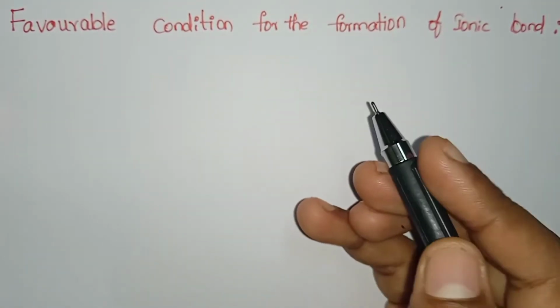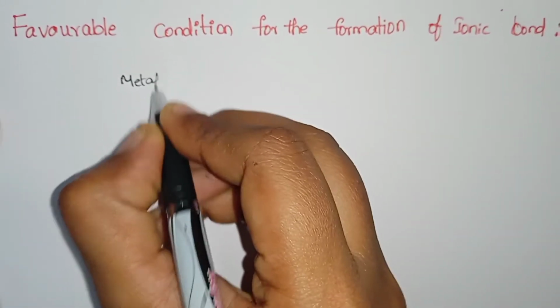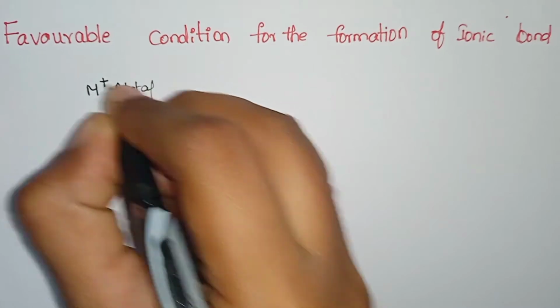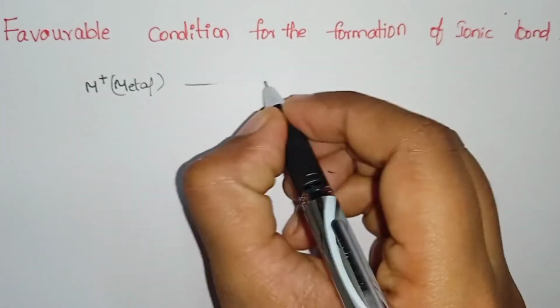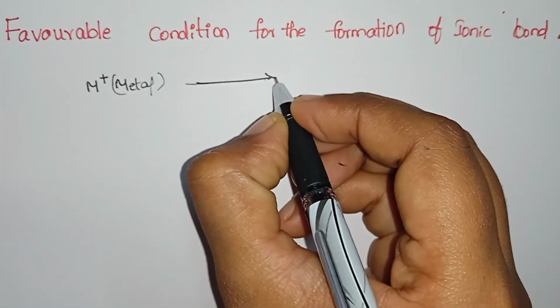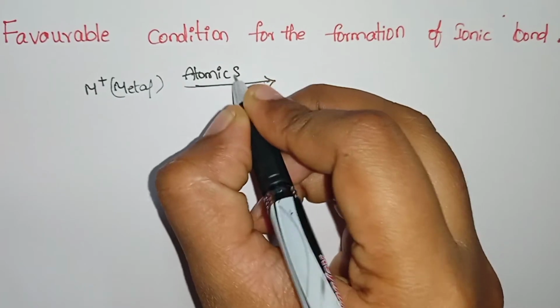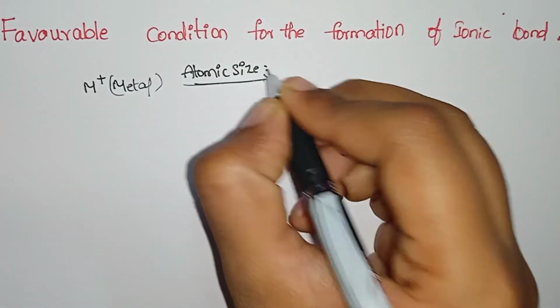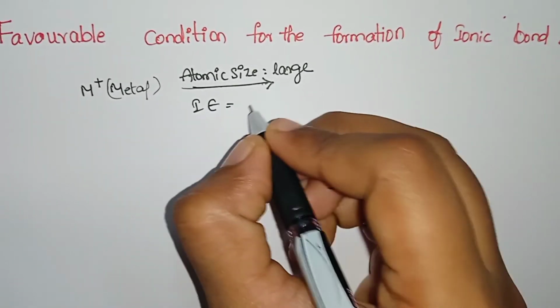In this ionic bond, the metal, that is M plus, has large atomic size and low ionization energy.